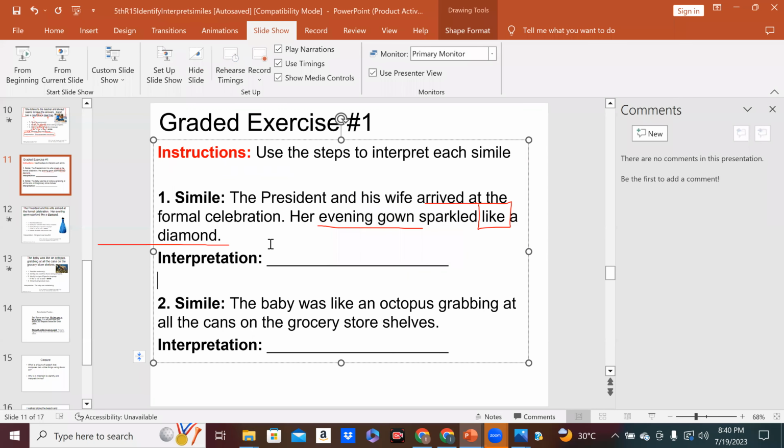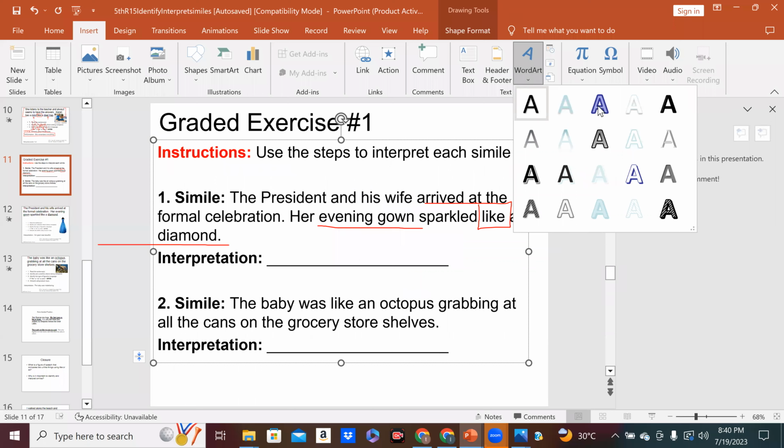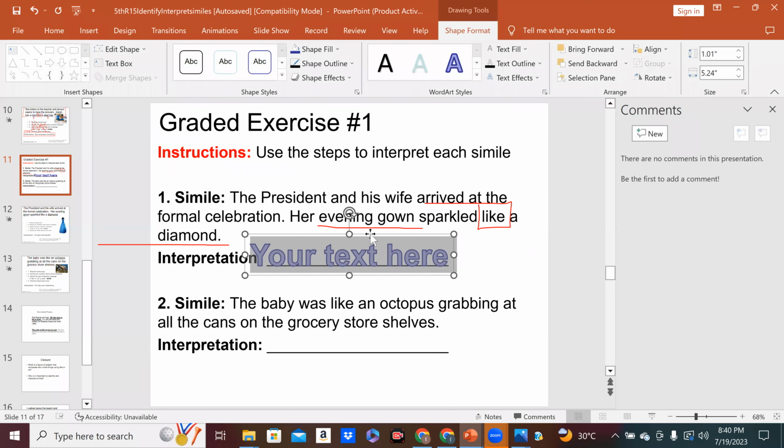Her gown was beautiful. More than beautiful. It was what? Gorgeous. A diamond's radiant beauty. It shines bright.